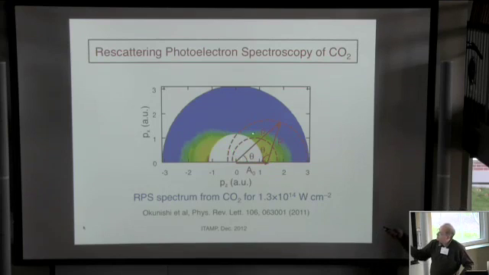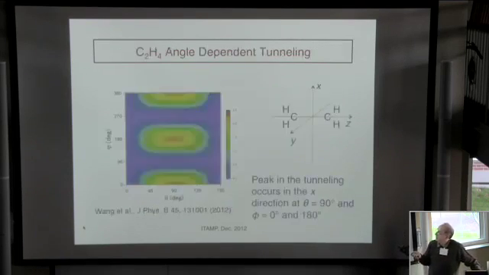So you get this ponderomotive shift of the kinetic energy, and so you can then determine what the momentum was when it originally rescattered, and from that you can extract the angular distribution of the rescattered electrons for a given momentum of the electrons.